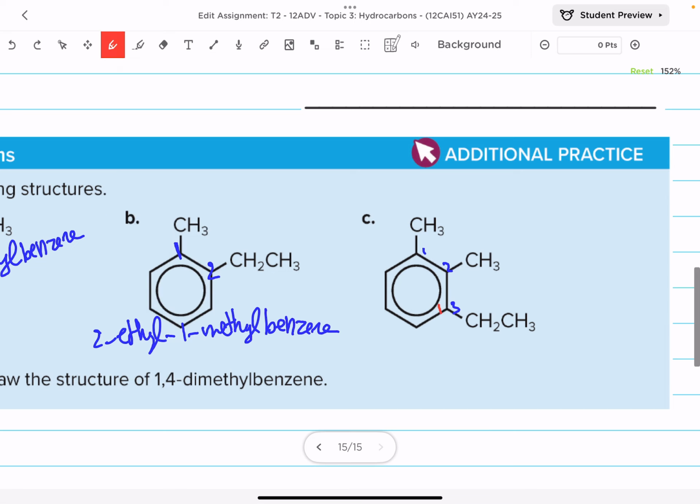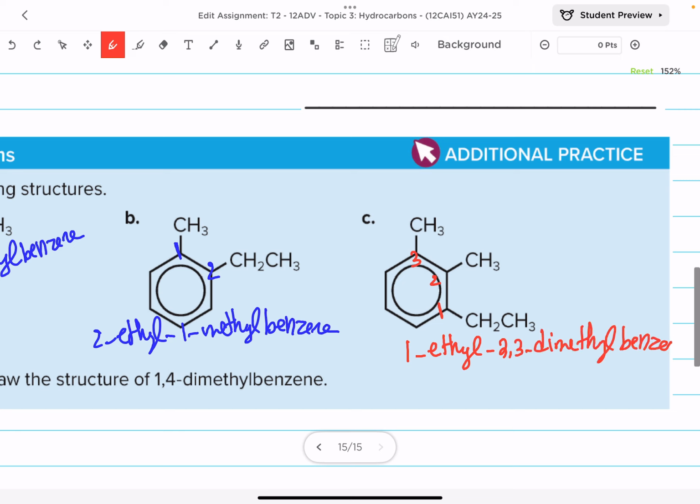However, if I say 1, 2, and 3, I'm still using the same numbers. But since ethyl is coming first alphabetically, the priority is to give the ethyl the lowest possible number. So we're going to name it like that. 1 ethyl, 2 and 3 dimethyl benzene.